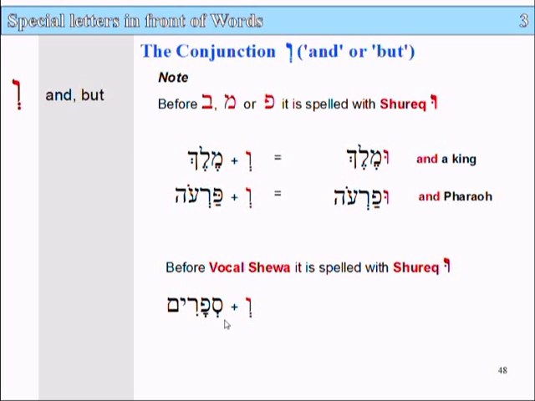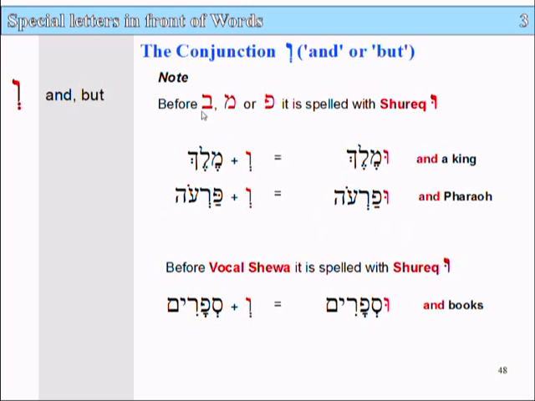So here we have the word for books, sefarim. And when we add the vav to it, it becomes usefarim, and books. So the vav becomes an oo sound when we put it in front of the noun.